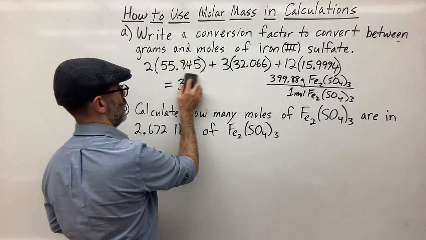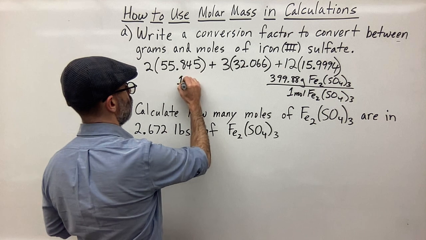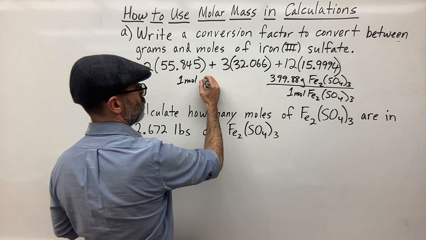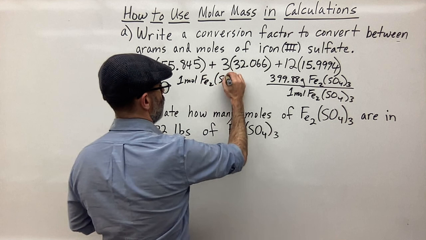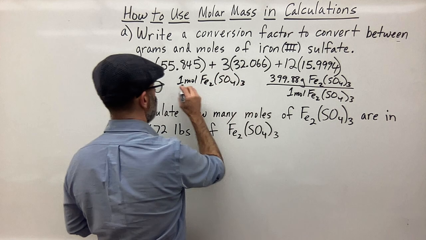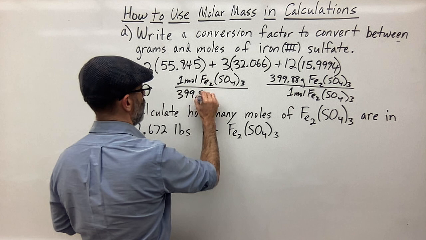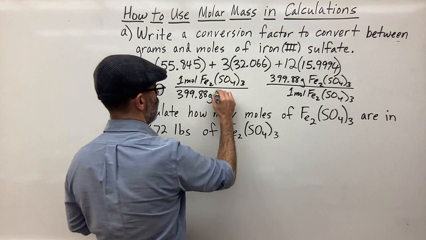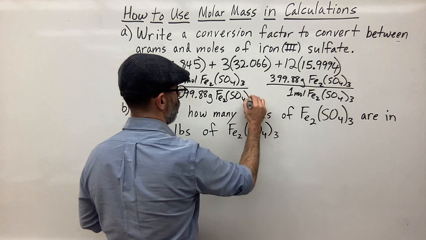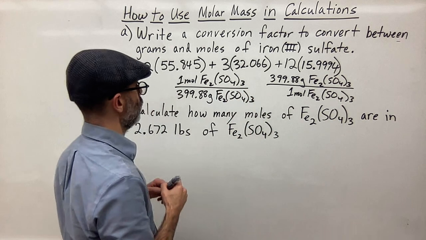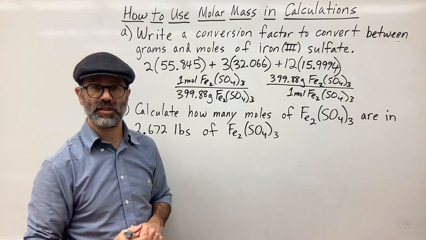That's better. So I could put 1 mole of the Fe2(SO4)3 over 399.88 grams of the Fe2(SO4)3. So either one of those conversion factors works. It just depends on what the problem is asking for.